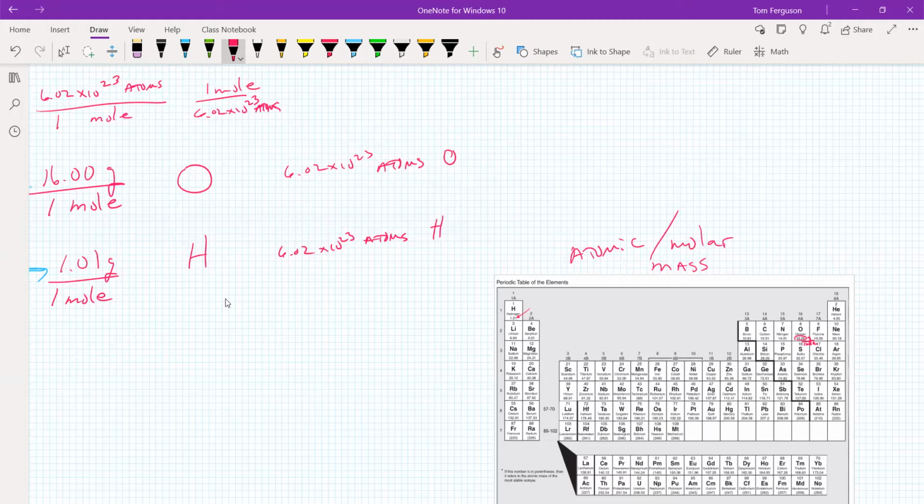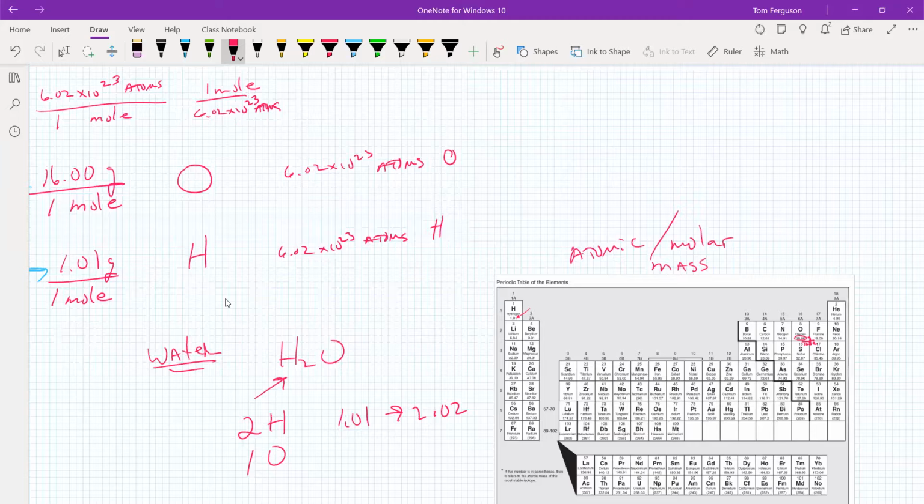So let's look at an example. Water. This says we have 2 hydrogens, 1 oxygen. Hydrogen is 1.01 apiece. Oxygen is 16.